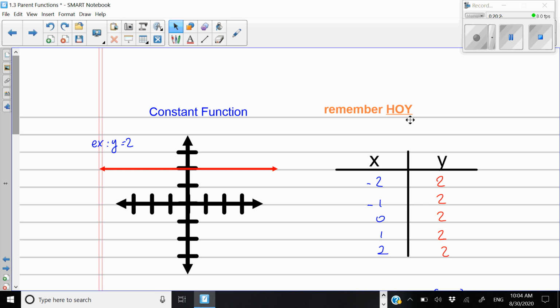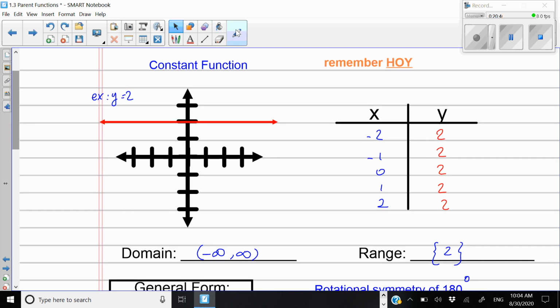Remember, HOY: H stands for horizontal, O stands for zero slope, and Y stands for y is equal. So this is exactly the same thing that we talked about before. It's a horizontal line with slope of 0. What kind of symmetry do we see? We have a rotational symmetry of 180 because if we rotate this for 180 degrees, it's going to match the original one.